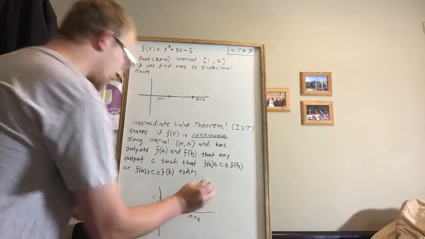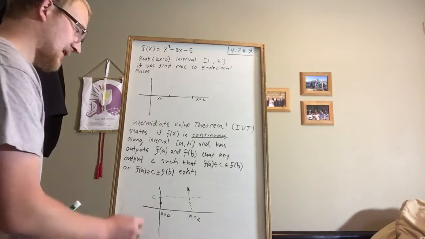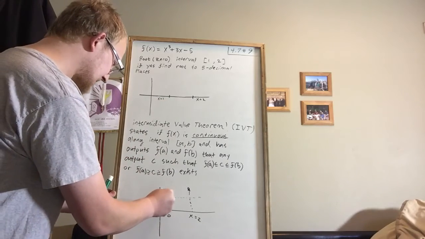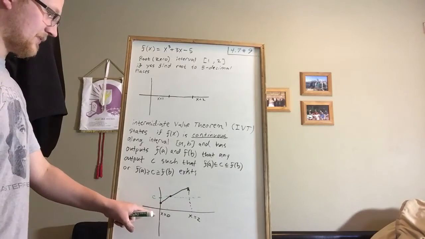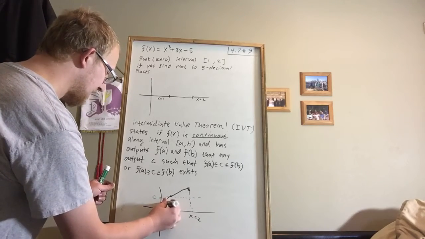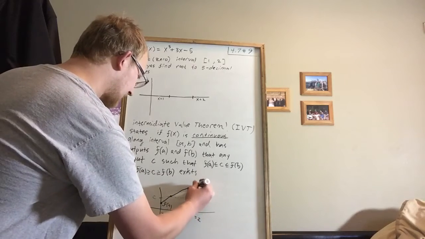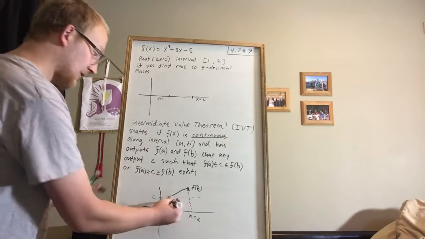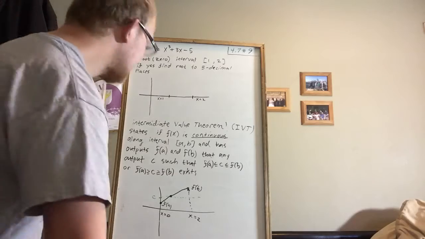So I'm looking for any point where my graph crosses c. Well, if the graph is continuous, which means that I never pick up my pen while I'm drawing it, then there must be a point in between these intervals where c exists. In this case, a is 0 and f of a is 1, and b is 2 and f of b is 3, and I'm curious if c occurs at 2, and yes there is. It's pretty straightforward logic.